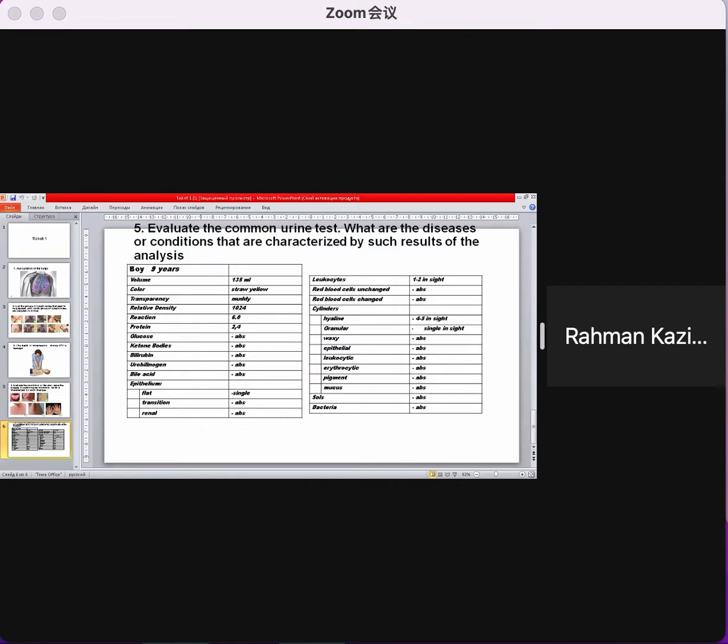We can see hyaline cylinders. So what does it mean? First of all, we have proteinuria. So maybe nephrotic syndrome. Yes, very good. Also, we see hyaline cylinders, also protein cylinders.